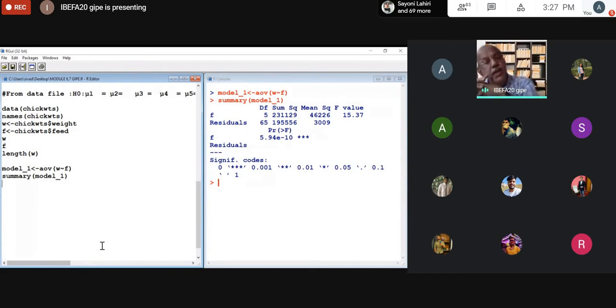What is the conclusion now? What is the p-value? Sir, it is less than the level of significance. By default, any level of significance you take, it shows on the screen. How much is the p-value?